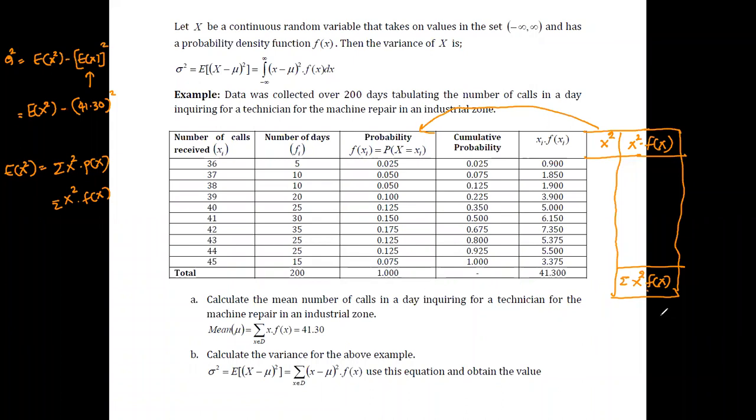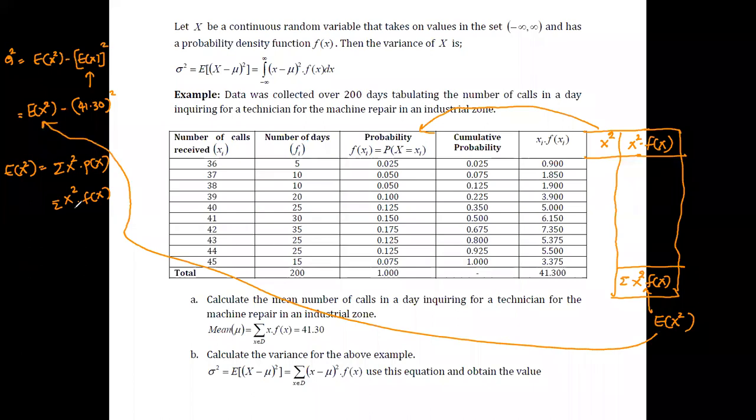This is what we are obtaining as E(X squared). Then this quantity can be applied here to do the calculation, and likewise we can obtain the variance for the given example. And this is all I need to discuss for this session, and thank you all for participating in this session.